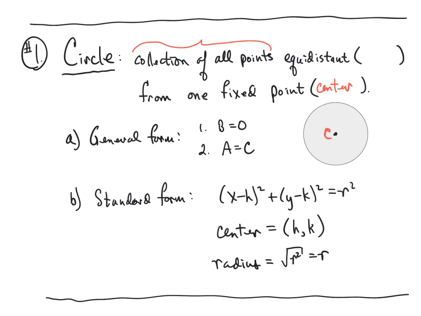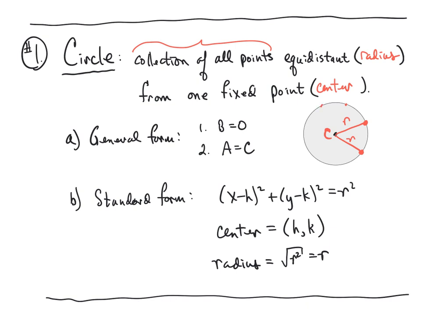All right? The center is the fixed point. And then whatever the equal distance is, we put that together as one word, equidistant, we call that value the radius. So the distance from the center to this point, or the distance from the center to this point, all of those distances must be equal. So all of those radii must be the same.